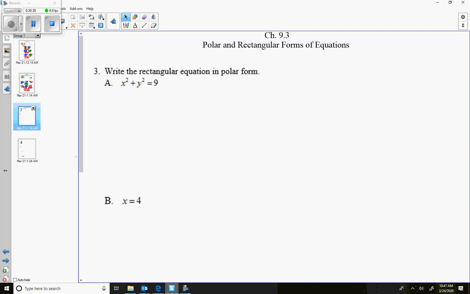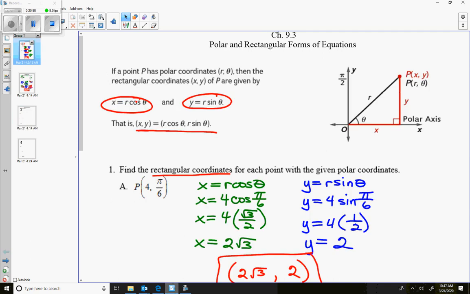Write the rectangular equation in polar form. All right. Hopefully this is quick and easy, but what you basically got to know, go back and forth, you got to know x is r cosine theta and y is r sine theta. You have to know those things.